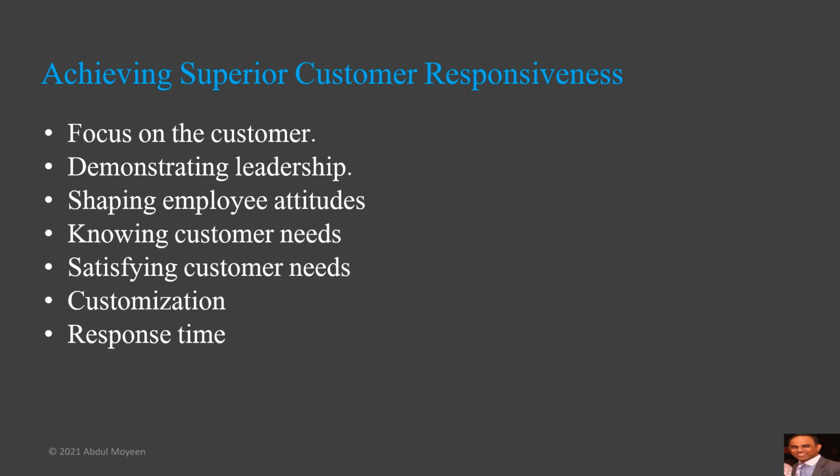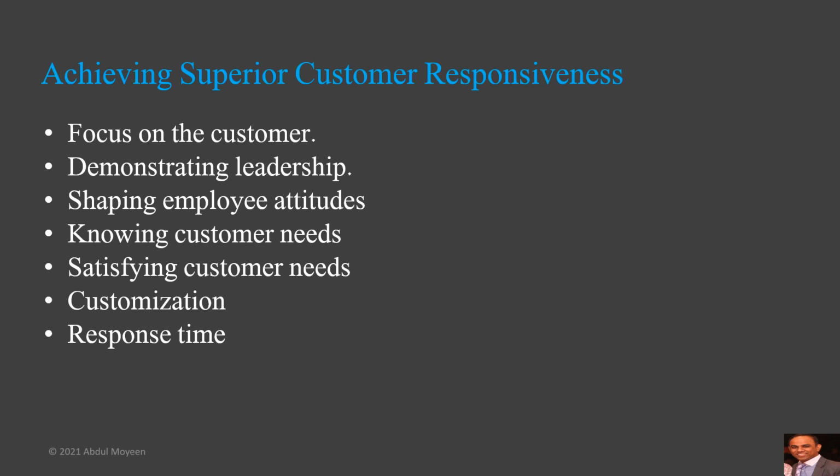Now the final one is that you have to satisfy your customers' needs. As I mentioned, efficiency, quality, and innovation are crucial competencies that help a company satisfy customers' needs. Beyond that, companies can provide a high level of satisfaction if they differentiate their products by customizing them where possible to the requirements of individual customers.